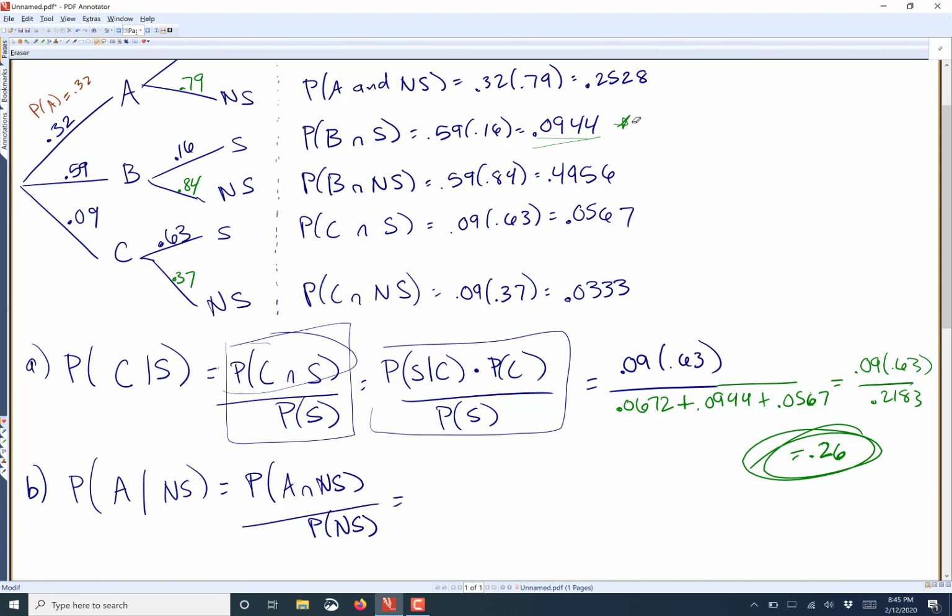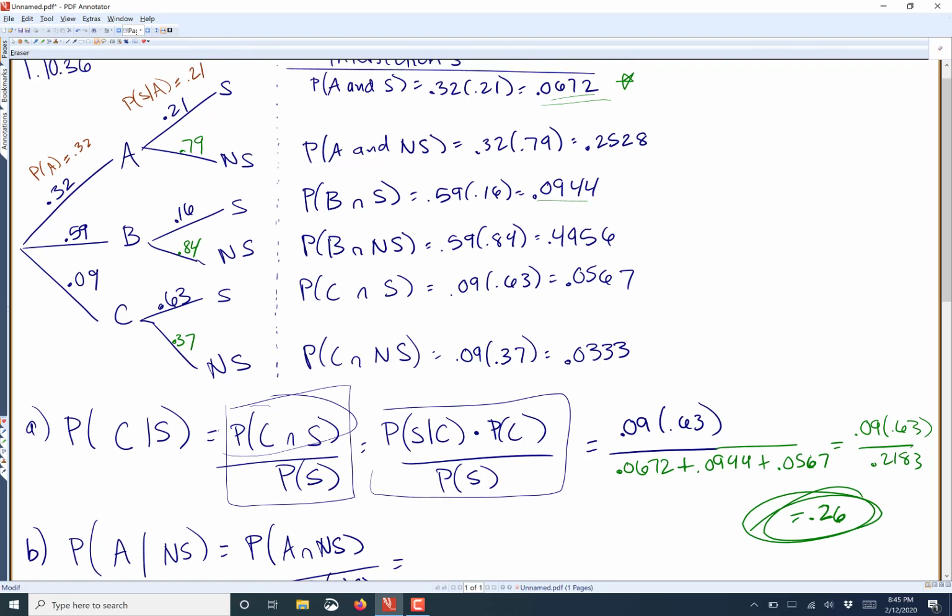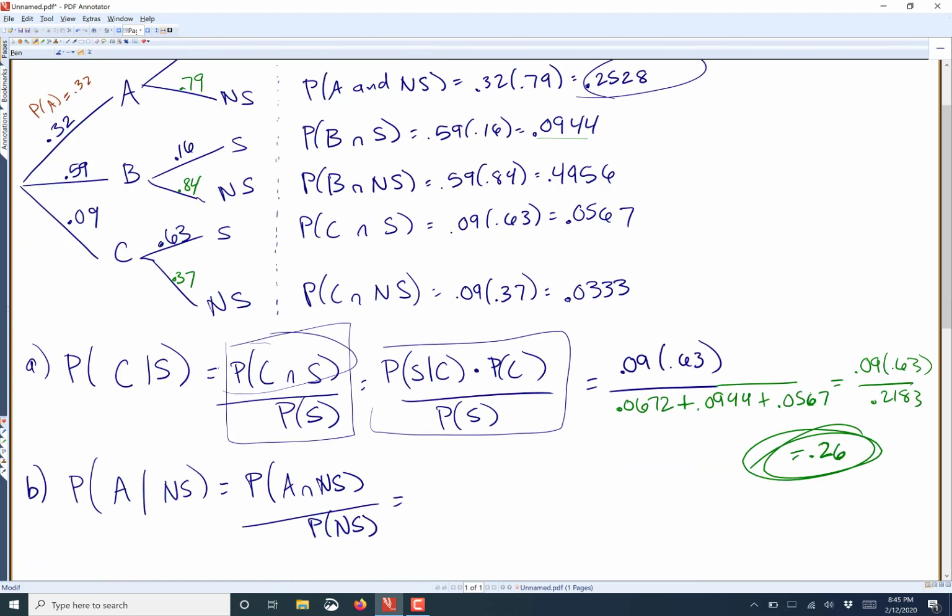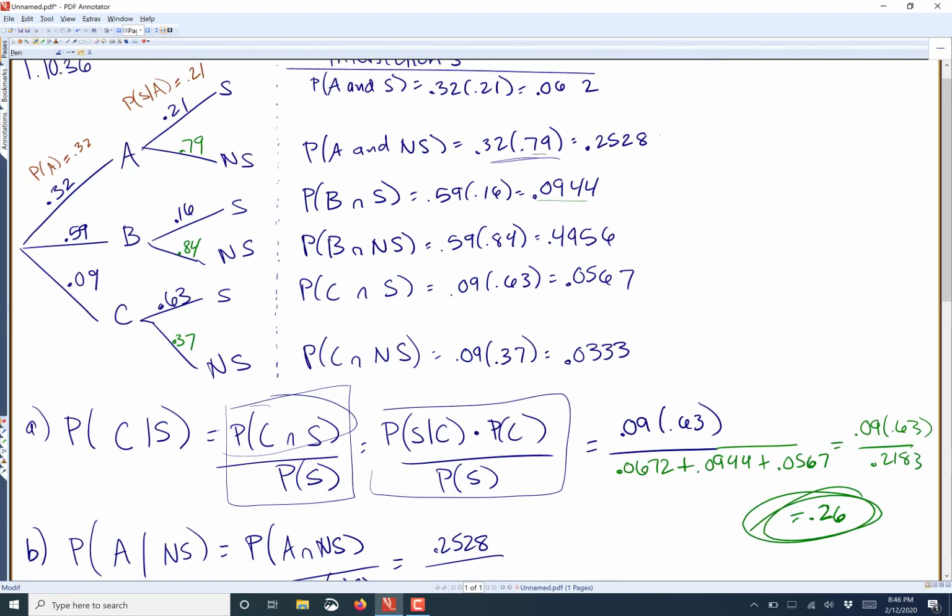Let's just erase my marks from up above. So A and no symptoms, that would be this one. So 0.2528, which again we got by doing a multiplication. Now we need the probability of no symptoms. We'll do it the same way as before. So what has no symptoms?